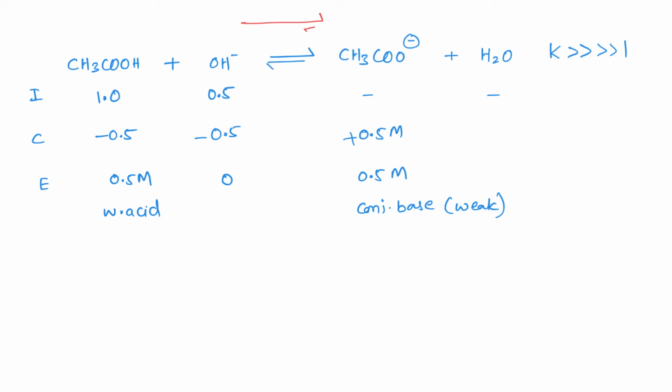But in this solution, we have both acetic acid and acetate ion as major species. Let us now learn how to calculate the pH of a solution that contains a significant amount of a weak acid and its conjugate base.